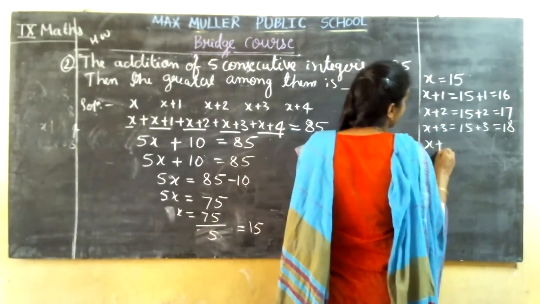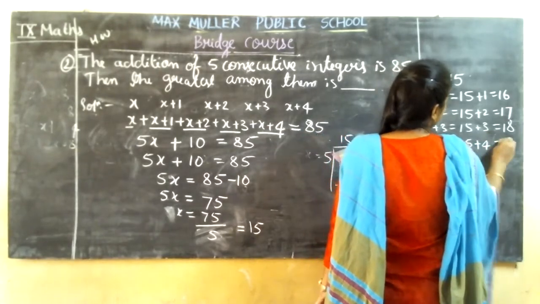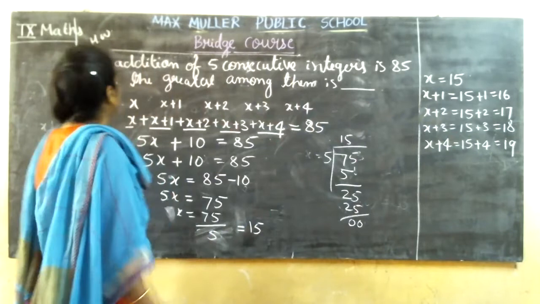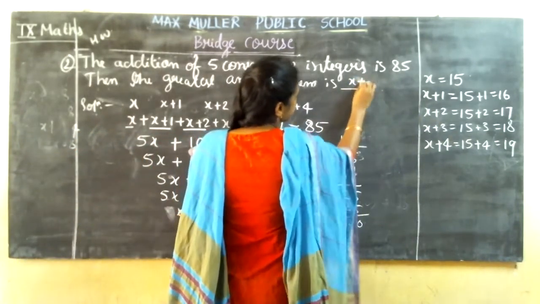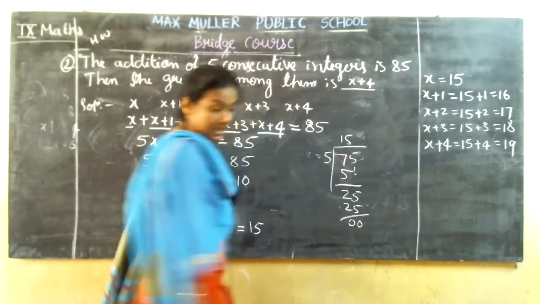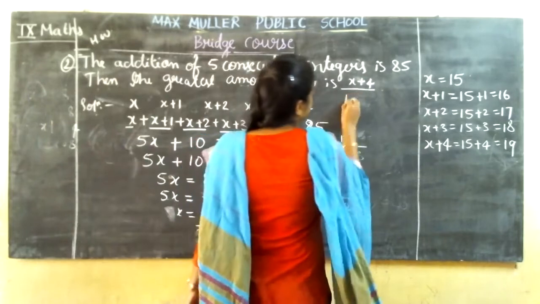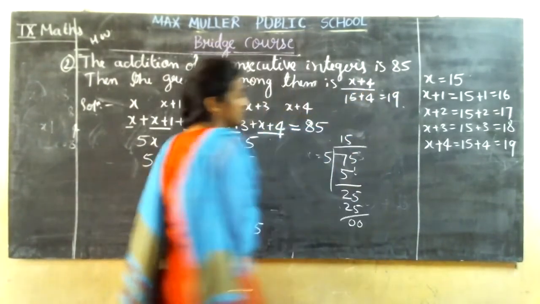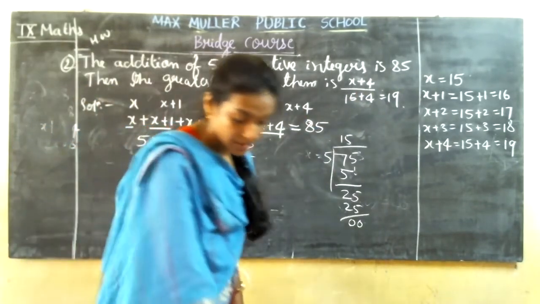So the fifth integer is x plus 4, that is 15 plus 4, which is 19. So the greatest consecutive integer is x plus 4, that is 19. Yes or no? That is 19. This is how you need to solve this. Understood, guys?